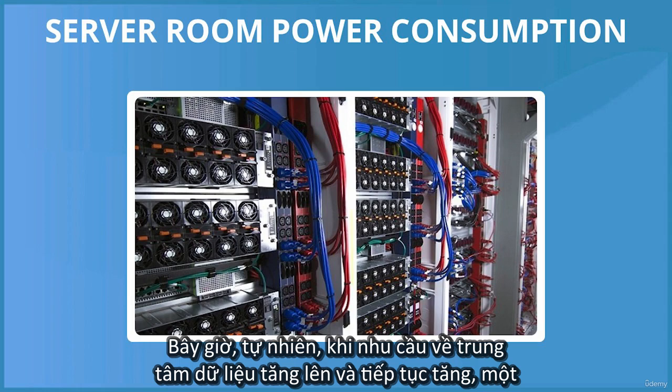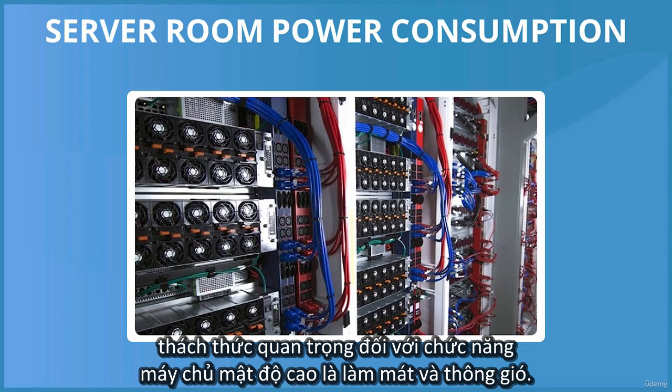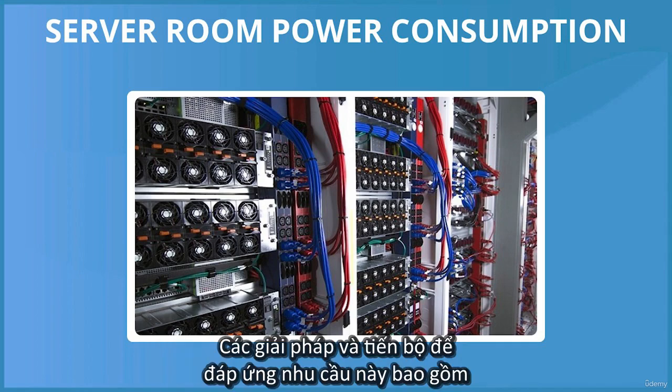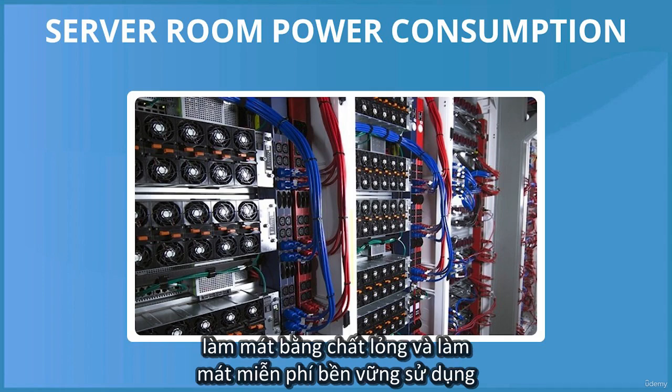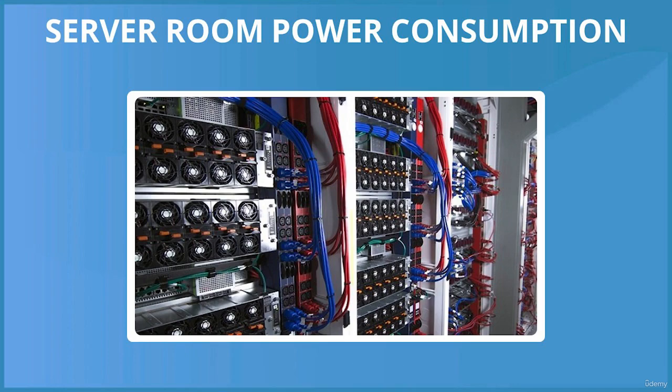Now, naturally, as demand for data centers rose and continues to rise, a critical challenge for high-density server functionality is cooling and ventilation. Solutions in progress to meet this demand include liquid cooling and sustainable free cooling using green energy sources.